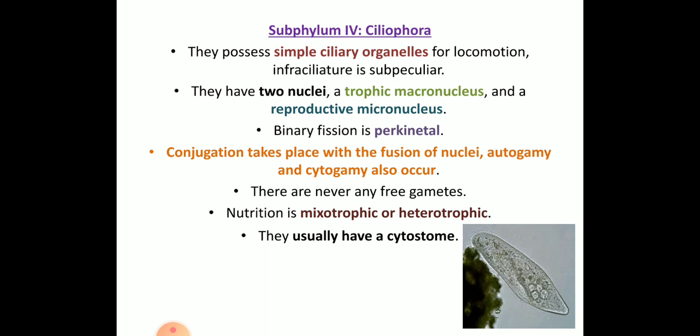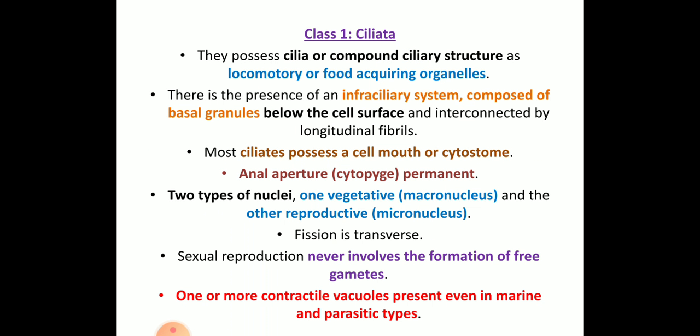So let's see the class. Class Ciliata is the only class belonging to the subphylum. They possess cilia, compound ciliary structures, and locomotory organs. The cilia help in capturing food also.